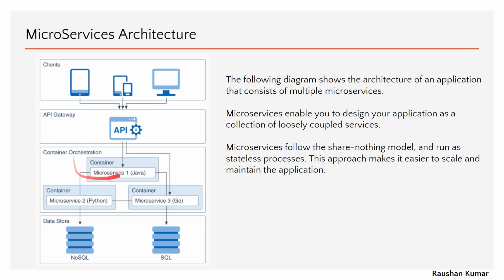Let's take a real-time example, Amazon.com. What type of activity do most users do on Amazon.com? They search the products. The search functionality is highly used.